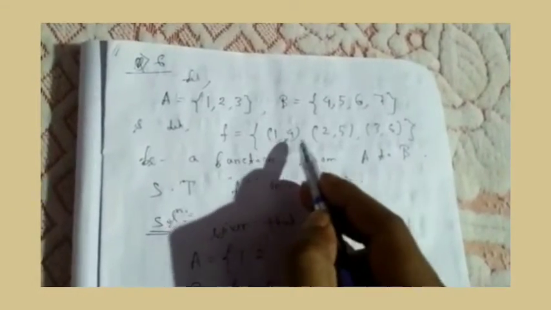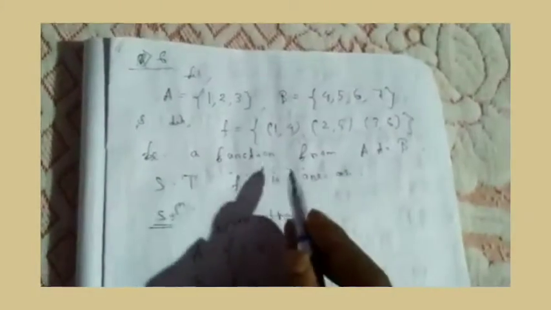Question number 6. Let capital A equal {1, 2, 3} and B equal {4, 5, 6, 7}, and a function is given by the ordered pairs (1,4), (2,5), (3,6). Let f be a function from A to B. Show that the function is one-one.